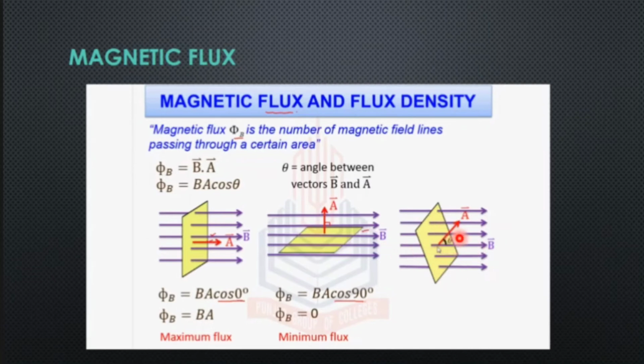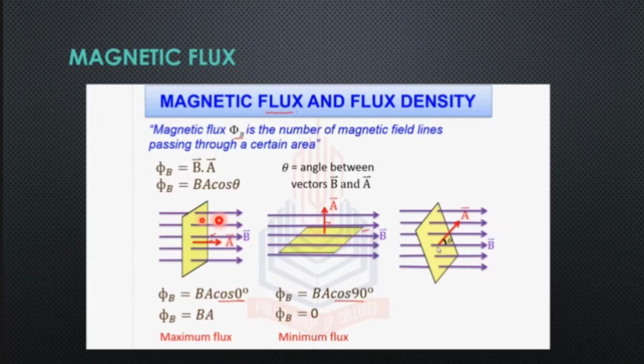So the angle between them is anywhere between 0 degrees and 90 degrees, giving a magnetic flux between the minimum and the maximum flux. So you have to use the formula BA cos theta because there is some angle here.